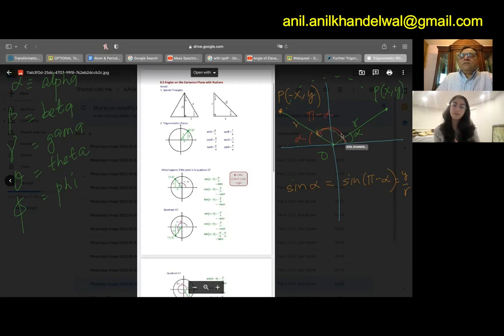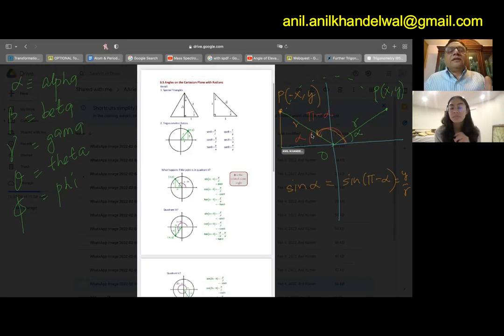Then we can make this triangle. When you look at the triangle on the left hand side, the angle formed by the terminal arm is actually pi minus alpha. You get the idea? That is how we read it. And in that triangle, if I look from the side, that becomes the opposite side, and the hypotenuse is r. And so y by r.